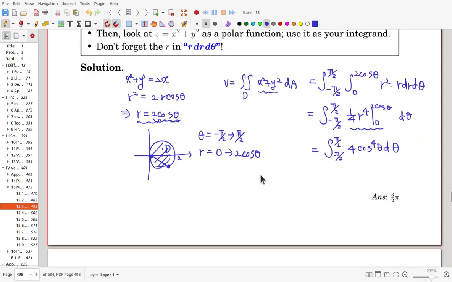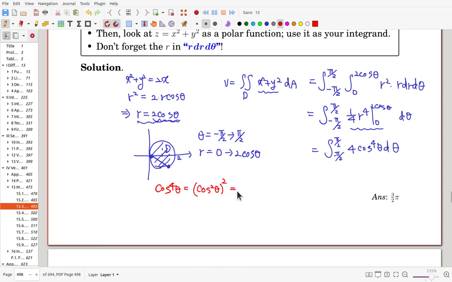Now how? Here, cosine to the fourth power of theta can be written as cosine squared theta, whole thing squared.